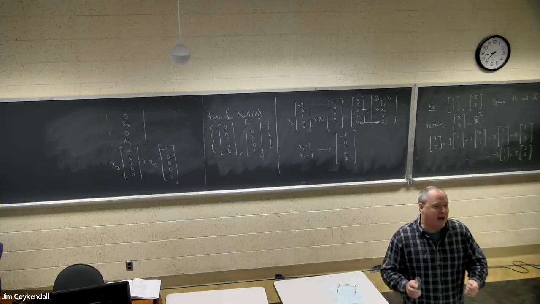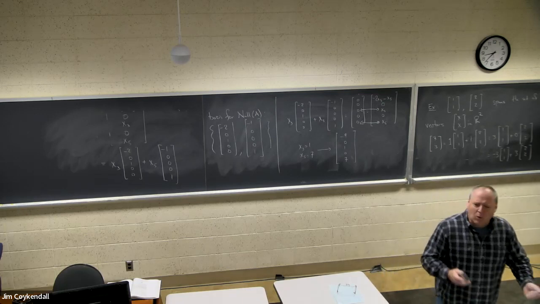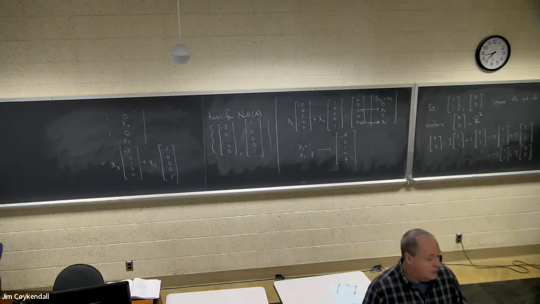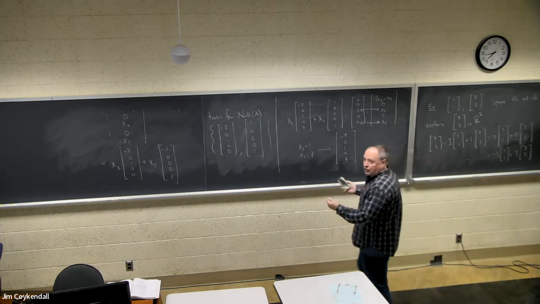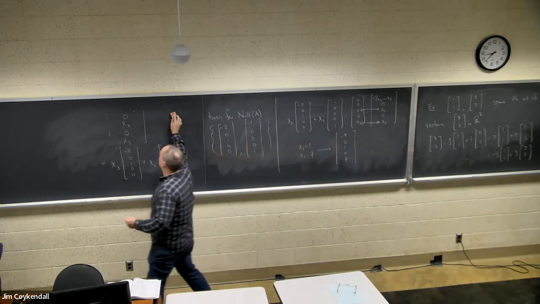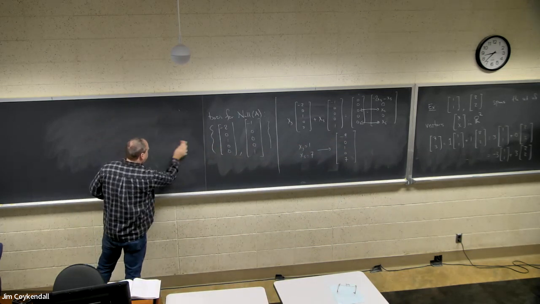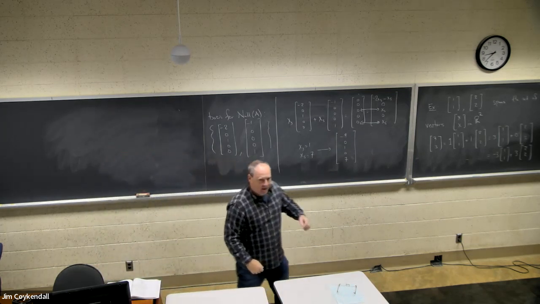And then you had to make a value judgment on which solution to pick. You had to look at the problem and figure out which answer makes sense. Is it the -1 or the 7? This is why unique solutions are very nice, because the solution is just there and you don't have to do any further calculation. Okay, other questions?